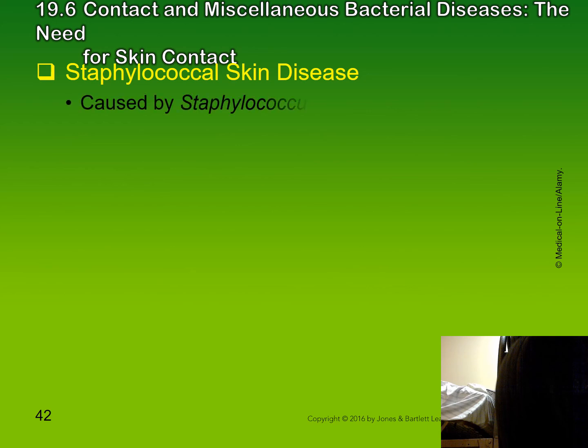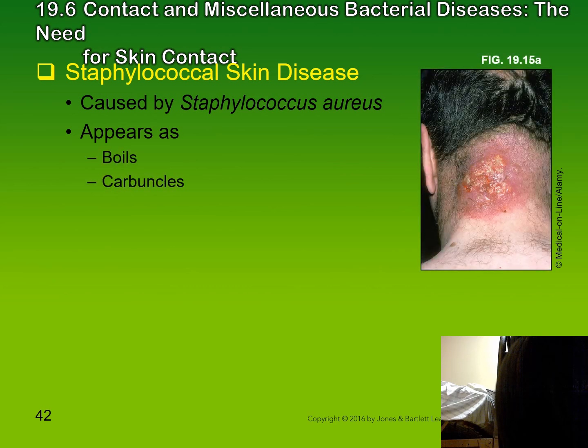Staphylococcal skin diseases caused by Staphylococcus aureus. These appear as boils, carbuncles. So skin lesions, bumps, boils, raised areas of skin. And we can have abscesses. It's spread by skin-to-skin contact.